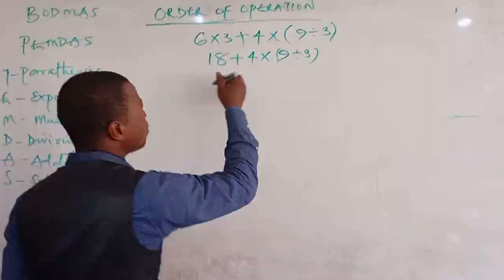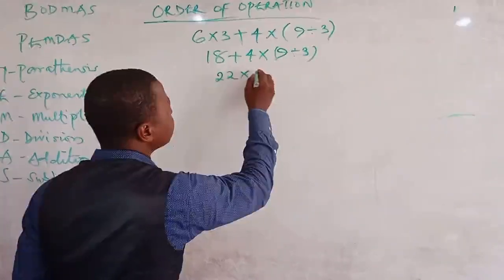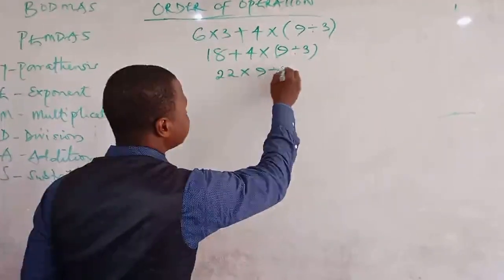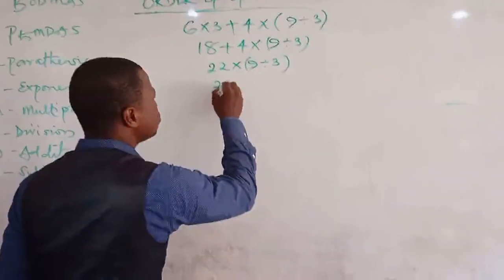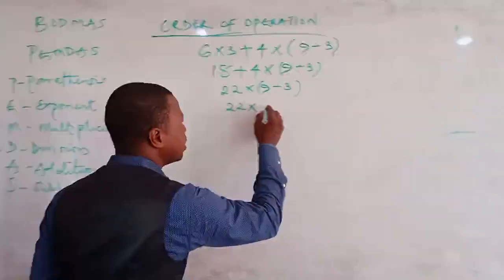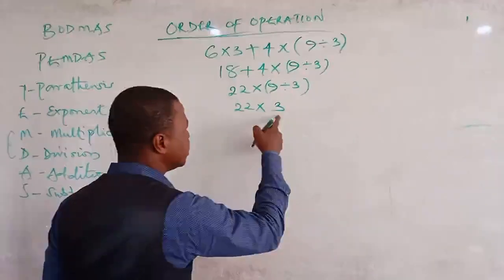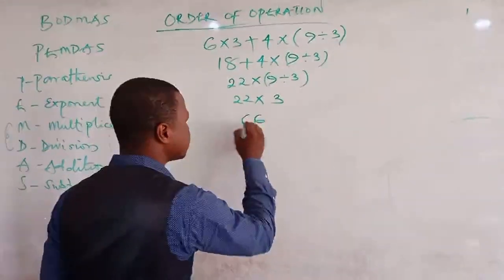Then we have 18 plus 4, that is 22, multiplied by 9 divided by 3. So 22 multiplied by 9 divided by 3, that is 3. So 22 multiplied by 3, that is 66.